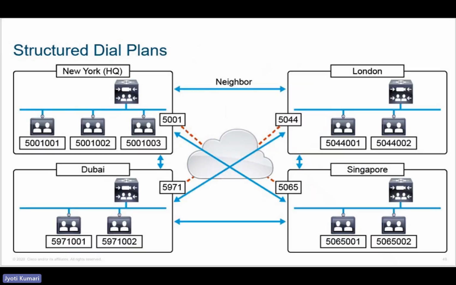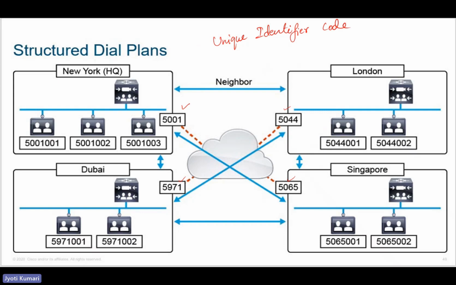So then comes a structured dial plan. Here we can see that for a structured dial plan, each location uses a unique identifier code, like these codes which we can see here. These are called unique identifier codes, and the dial plan of the device is prefixed with a unique code.